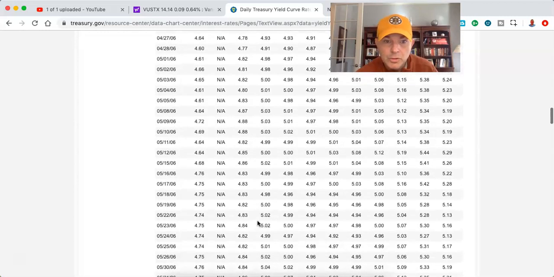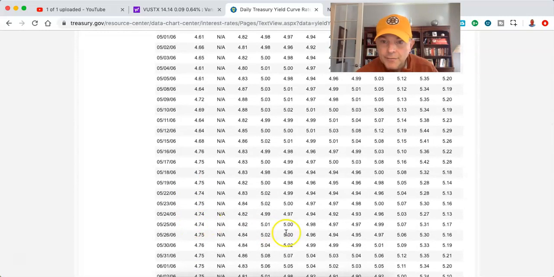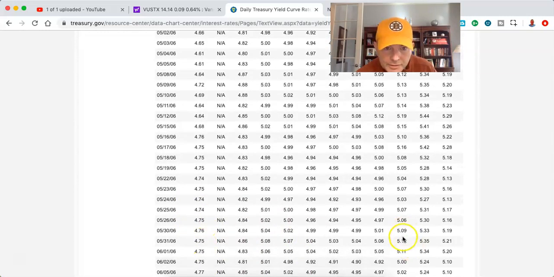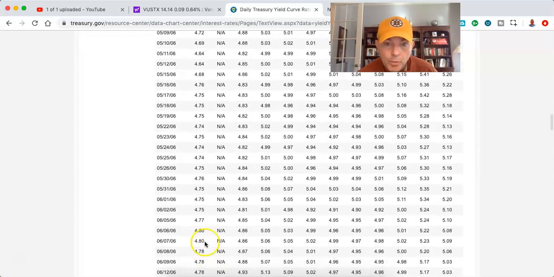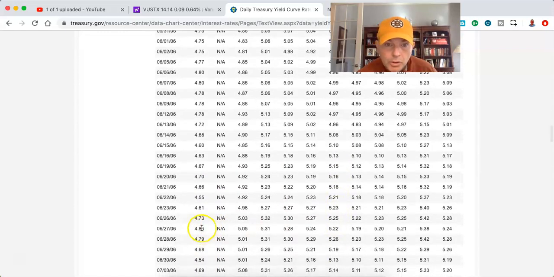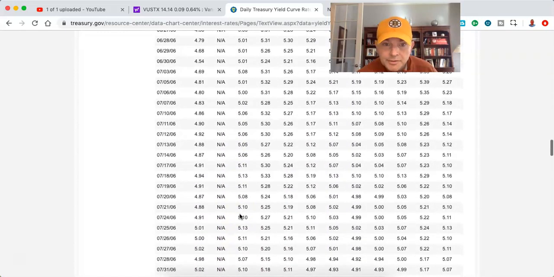We'll go to June. In June 2006, we had 4.75 and 5.11 on the 10. And if we keep going down, we got 4.8, 5.02, still in the fives.